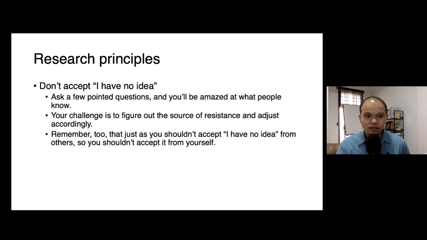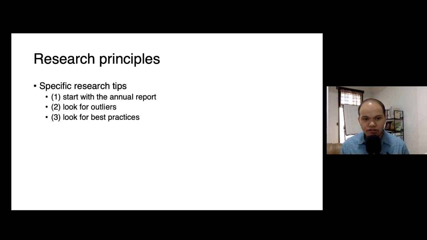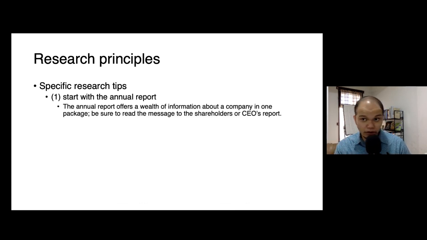Okay, and now we'll look at some research tips. These are just some. First of all, you may want to start with the annual report of your client. The annual report is a sample of a published document that is available for everyone's consumption, and it typically offers a wealth of information about the company in just a single document.